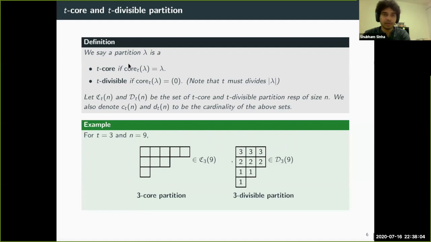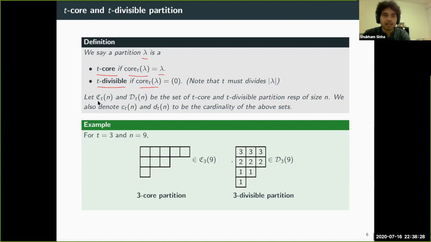Now some more definitions. A partition lambda itself is called a t-core if its core is itself. That means that there is no rim hook of size t in that partition. And the partition is called t-divisible if, when you take the core of the partition, you get an empty partition.